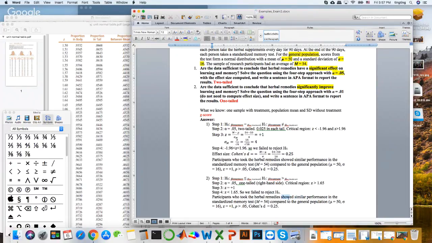Because we have the direction in the question, we need to answer whether or not it showed significant improvement. It did not show significant improvements. It did not significantly improve performance.